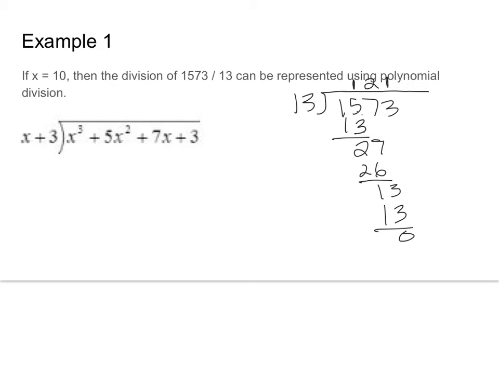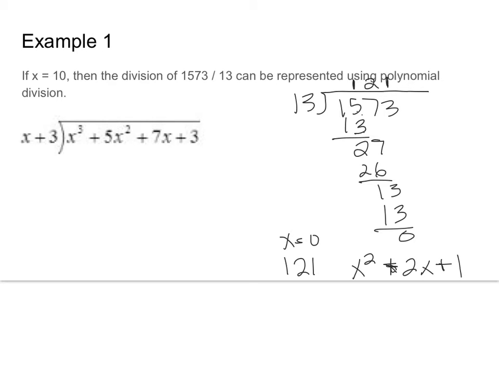Remainder 0. So the number 121, what would it represent in polynomial if we assumed x is equal to 10? We've got x squared plus 2x plus 1. So that should be our answer.